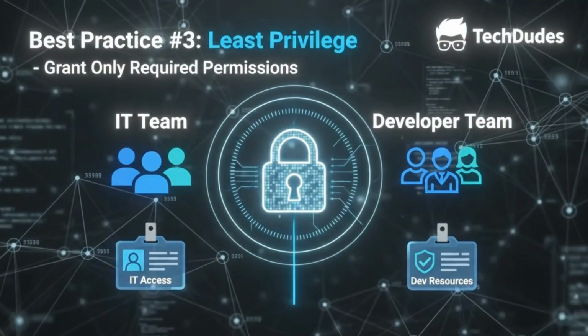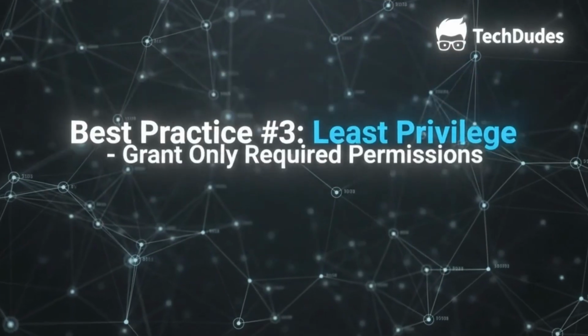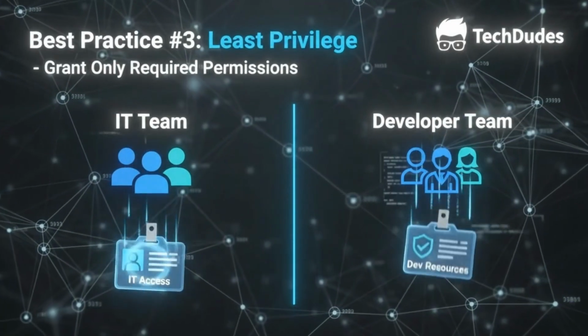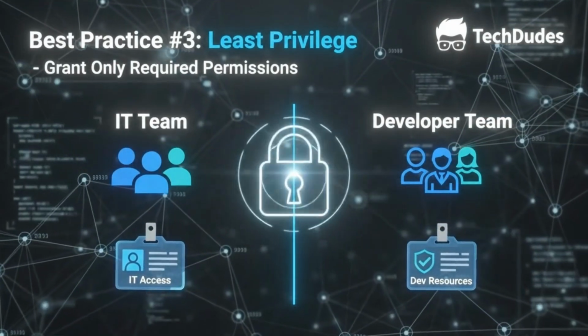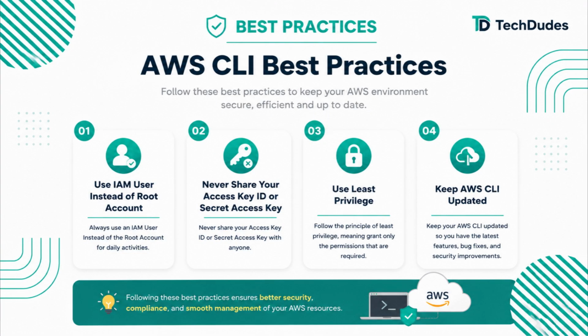For example, if you see when I was calling it, I'm unable to get it because for this user, we shouldn't give access. So let's say for IT team, we should give IT access only. For developer, we should give only the developer resources access only. So if we give entire access, they will create so many resources and our AWS cost will be more, right? So that's the reason we should give only limited access.